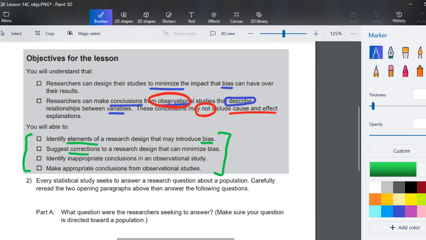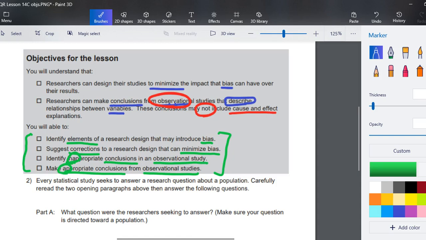We're going to be able to suggest corrections to a research design that can minimize that bias. We'll be able to identify appropriate conclusions that we may state for an observational study, and we'll also be able to make appropriate conclusions from these observational studies.